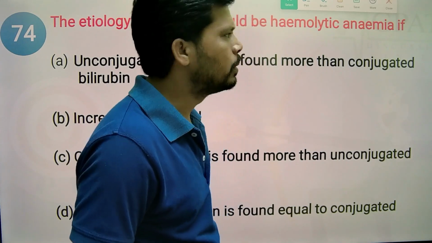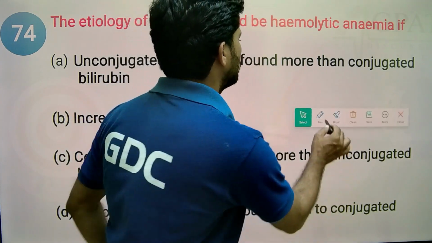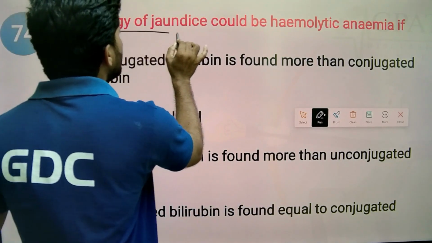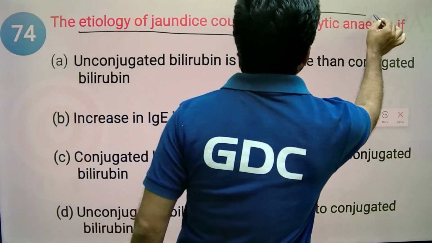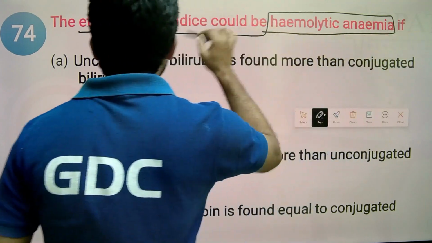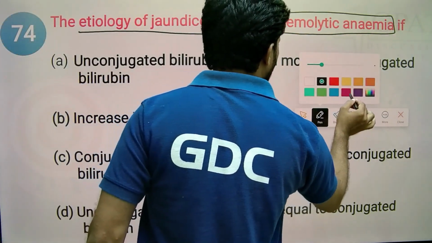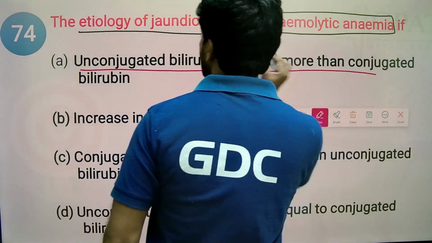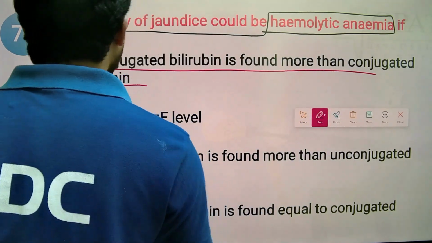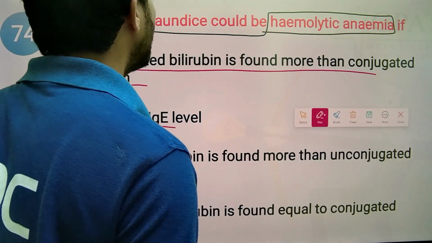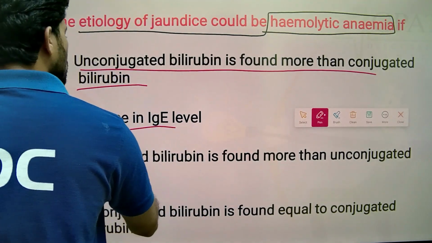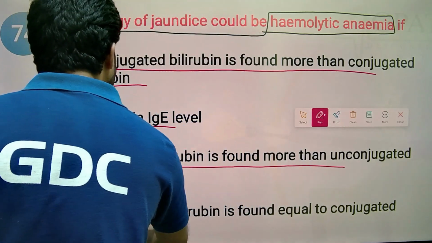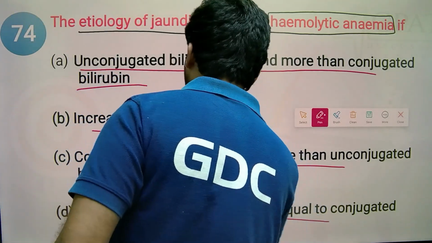The options are: unconjugated bilirubin is found more than conjugated bilirubin; increase in IgE levels, which may cause allergic reaction; conjugated bilirubin is found more than the unconjugated bilirubin; unconjugated bilirubin is found equal to conjugated bilirubin.